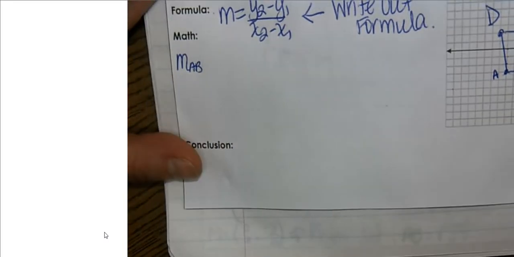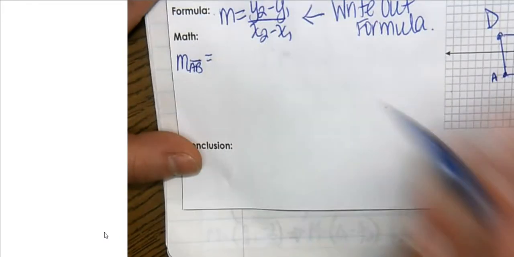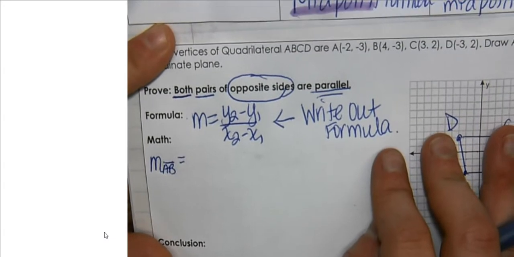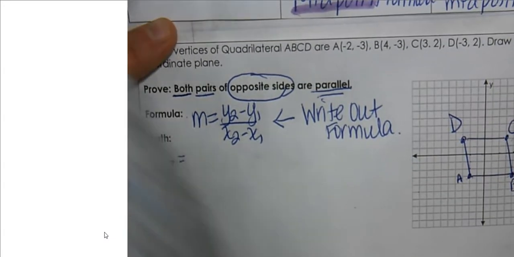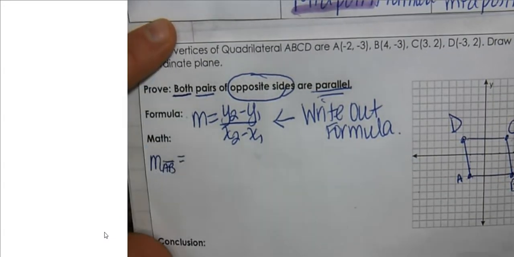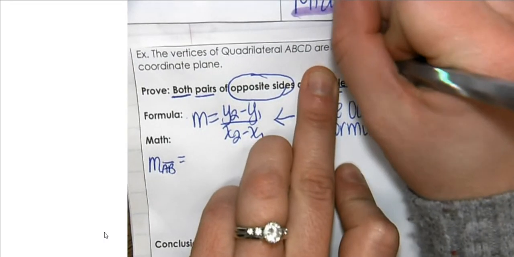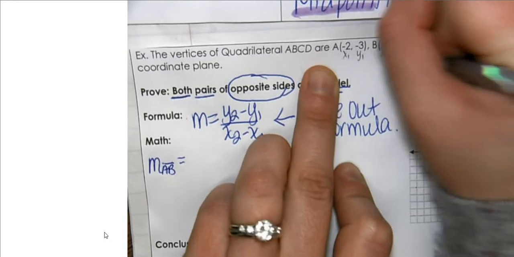I'm going to find the slope of AB, so I'll write a little m and AB, to remind me that I'm talking about the slope of segment AB. We're going to use the ordered pairs that we have up here. If it helps you, write the x1, y1 and x2, y2, so I'll label those in pencil.